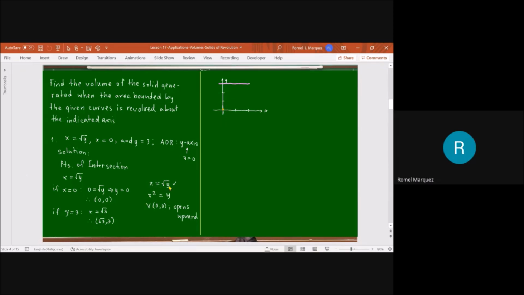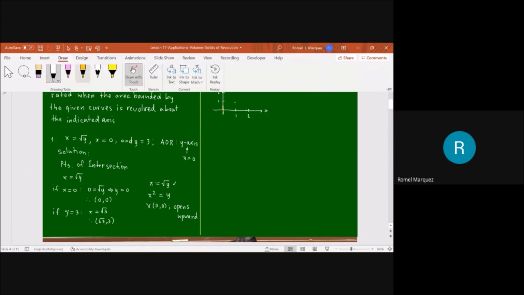When x is 1, y is 1, so we have the point (1, 1). And the parabola has to intersect the line y equals 3 at x equals 1.7, almost 2.